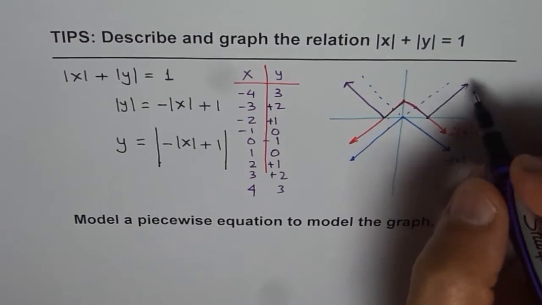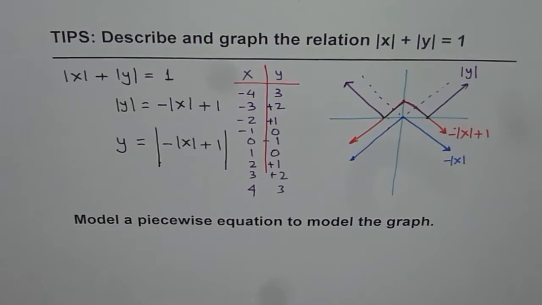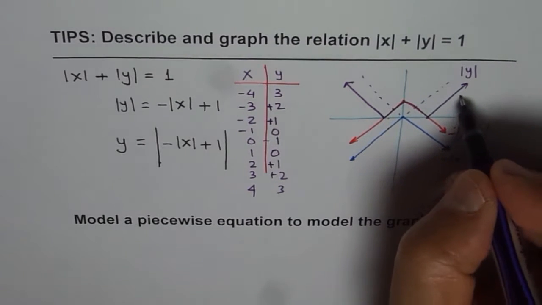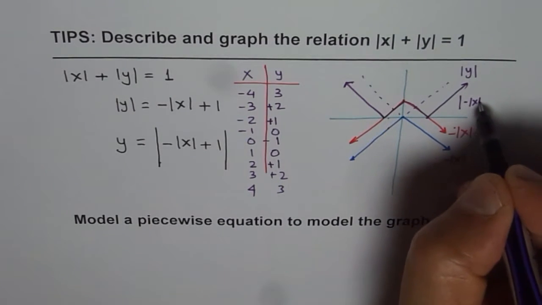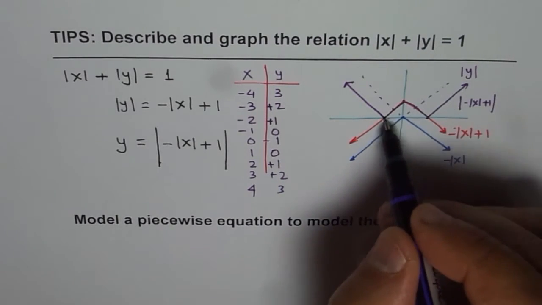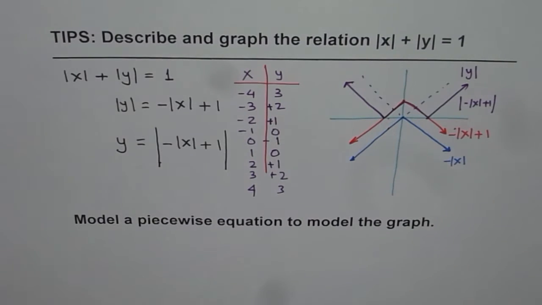So this is your absolute y, which means the absolute value of minus absolute x plus 1. So that W shape is the graph which represents your equation. That is how you can sketch the graph of the given function.